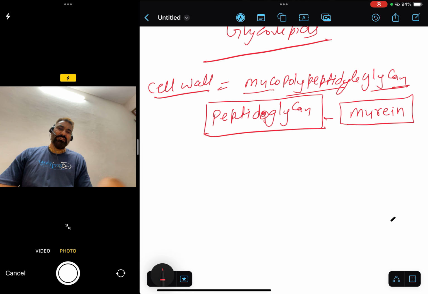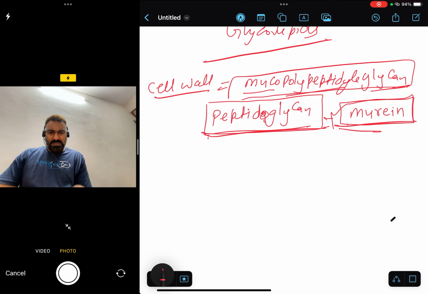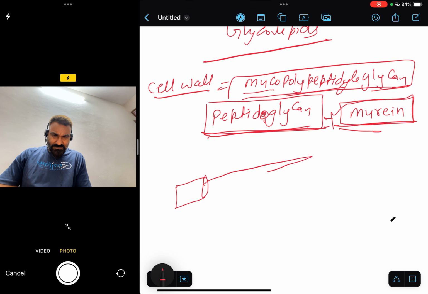Commonly known as murein, we can say mucopolypeptide, glycan, peptidoglycan, or murein. So the cell wall of bacteria is made up of murein or peptidoglycan. And these structures, which look like this, are present in the cell wall, and a hook-like structure is also present.